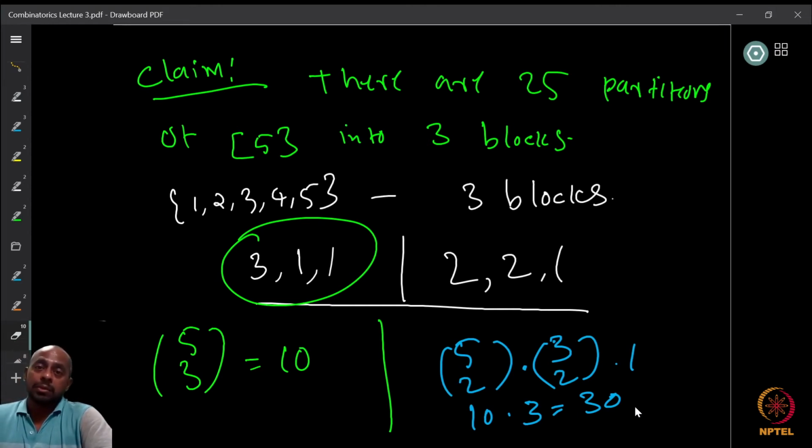So in these two possible ways it can come, and we are counting both of them when you take the multiplication. Therefore, since we are counting each of these exactly twice, we can divide by 2.